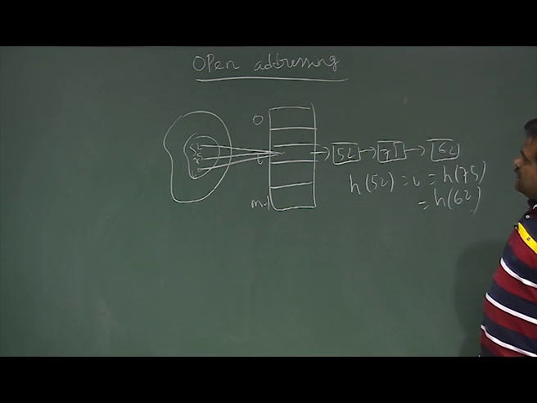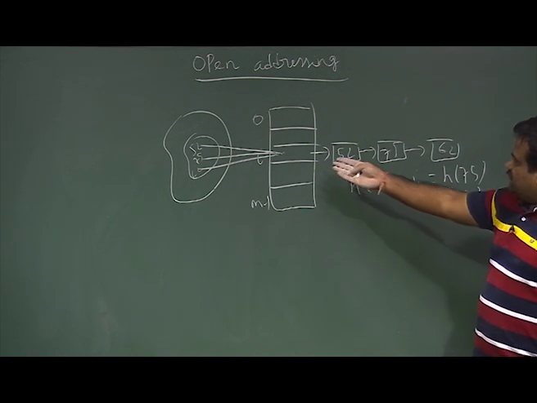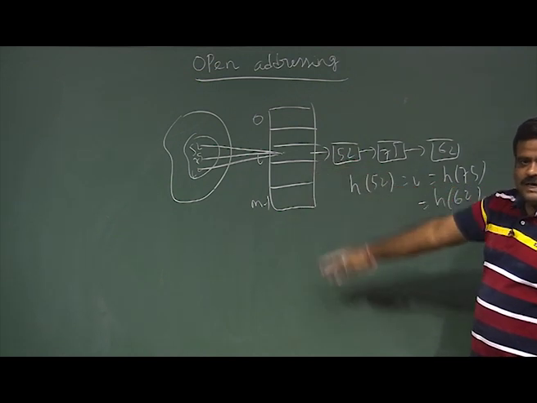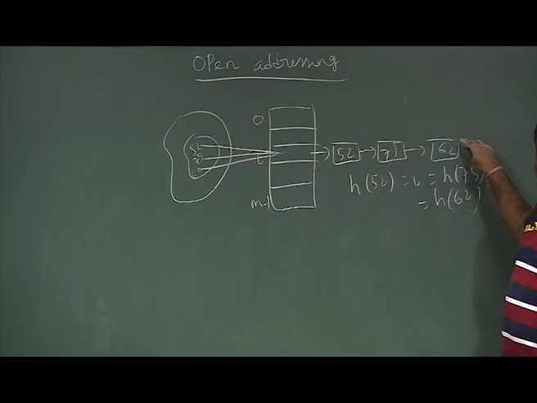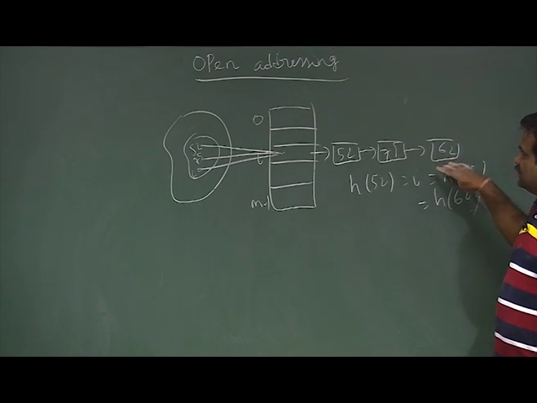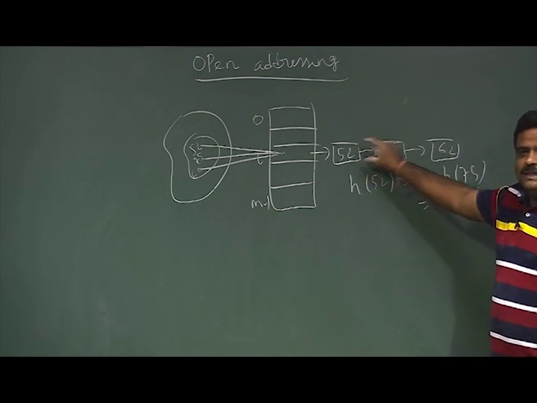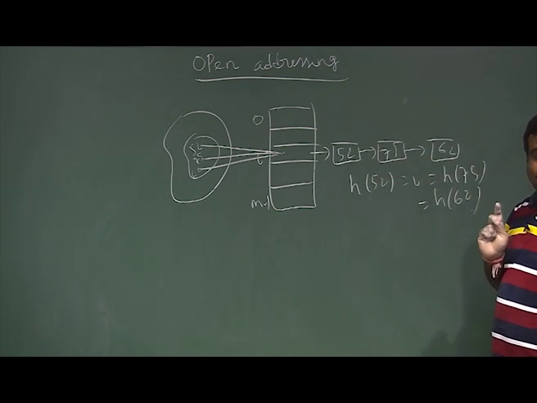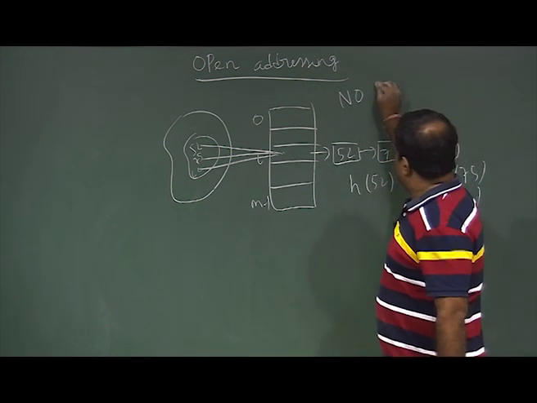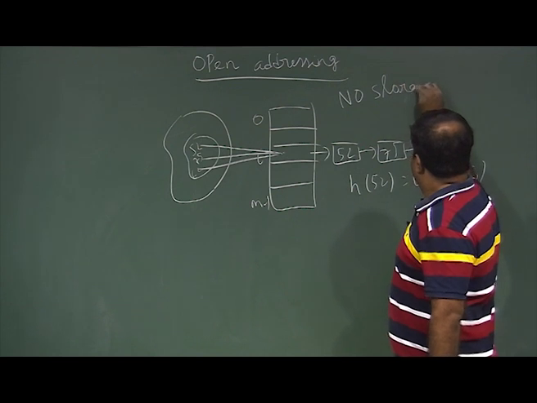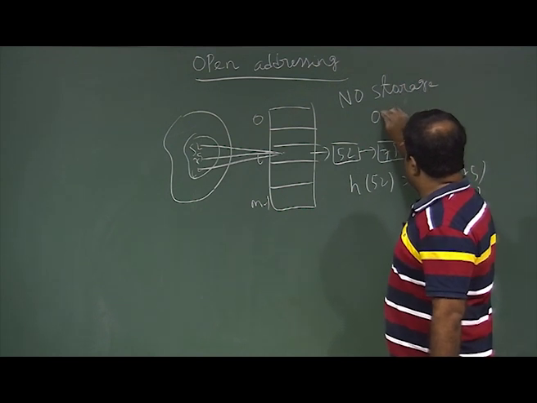Okay. And this is the collision, and we handle this collision by having a chain outside the table. So, this is extra storage. We have to maintain a linked list outside the table. Suppose this is not allowed, suppose we have no storage outside the table.